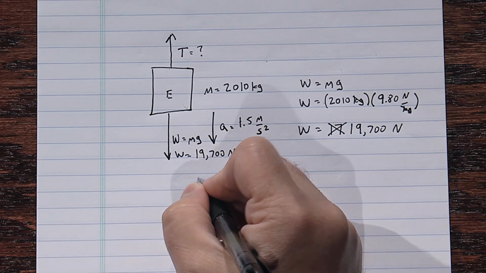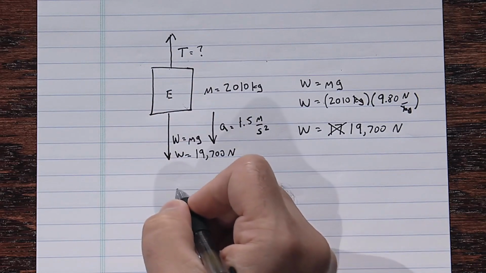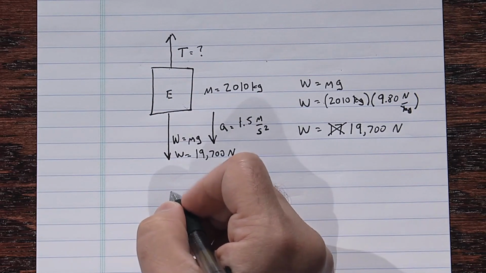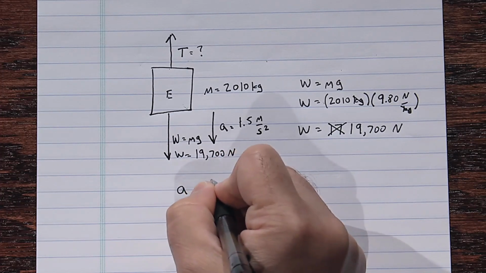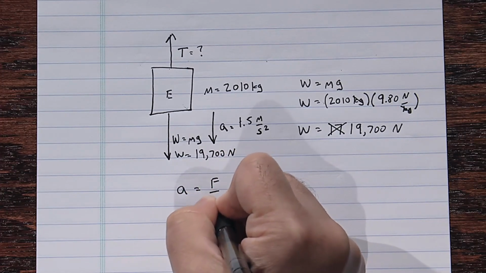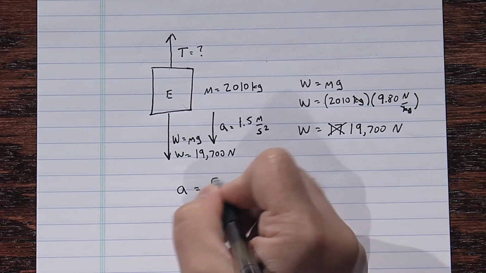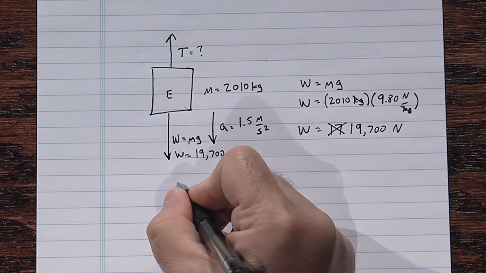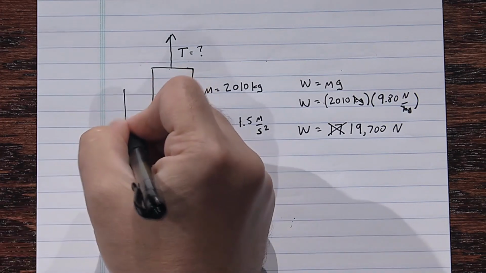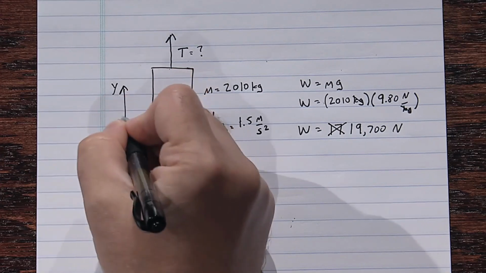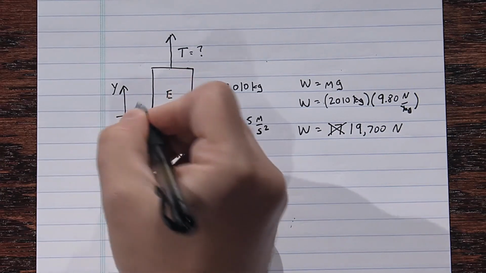Well, since we know that we have non-equilibrium, we can use our equation. Acceleration is equal to force divided by mass. Actually, those are vectors. Acceleration vector is equal to total force vector divided by mass. Well, let me put in my coordinate axes, y and x.